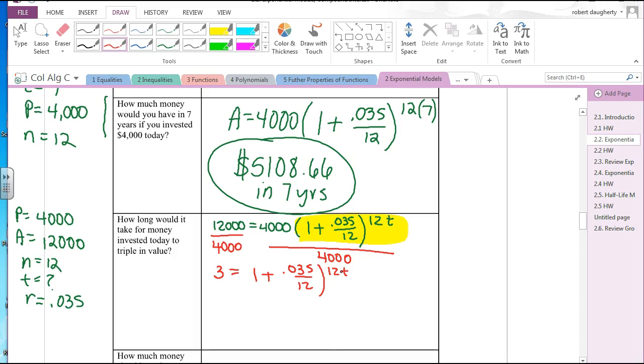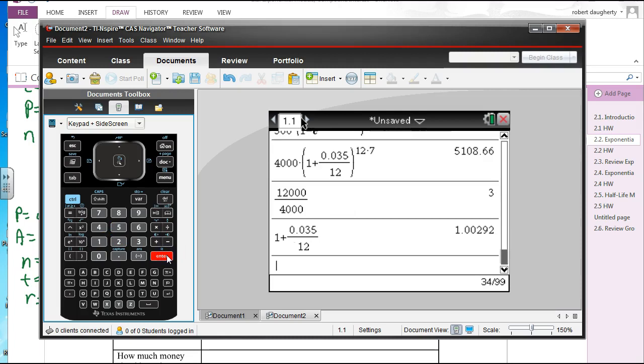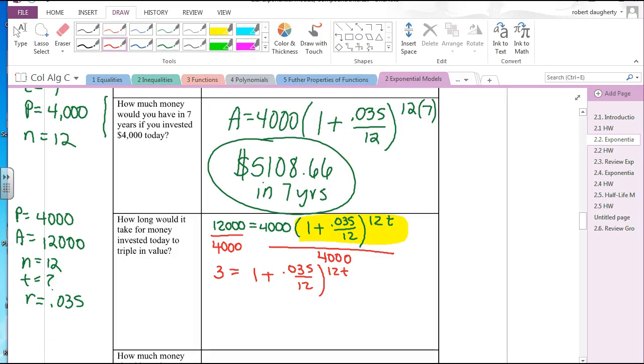Okay. Let's figure out what this 0.035 over 12 is. So 1 plus 0.035 divided by 12, 1.00292. No, you'll get the wrong answer.